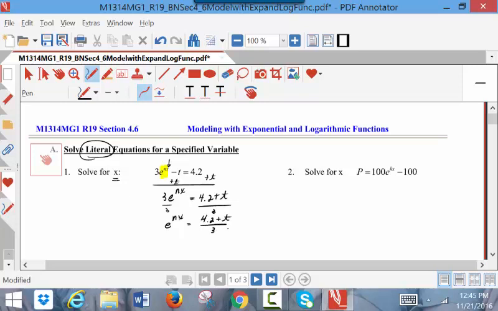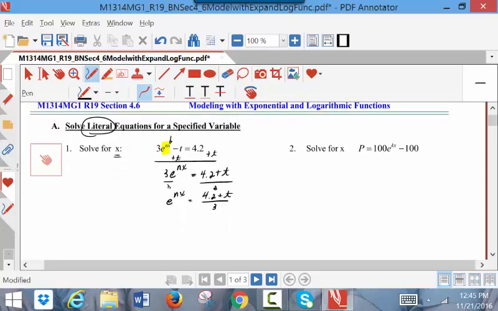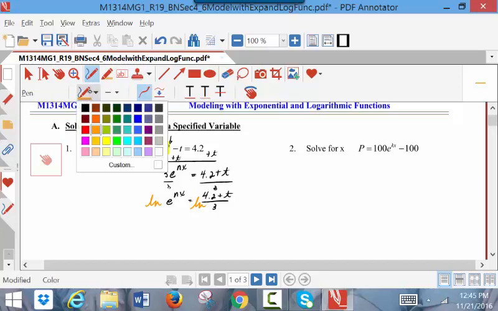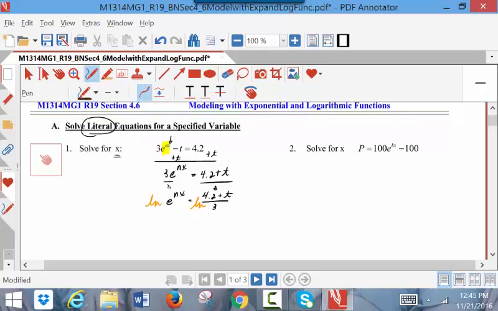So now the reason this question is in this section is because now is when we have to use a method of solving exponential functions to get the x out of the exponent. And so what we do now is we take the natural log of each side of this equation. And when I do that, I can use the property that says pull the exponent to the front of the logarithm.